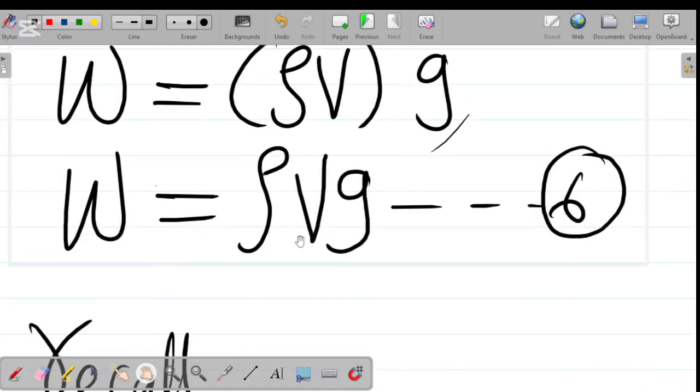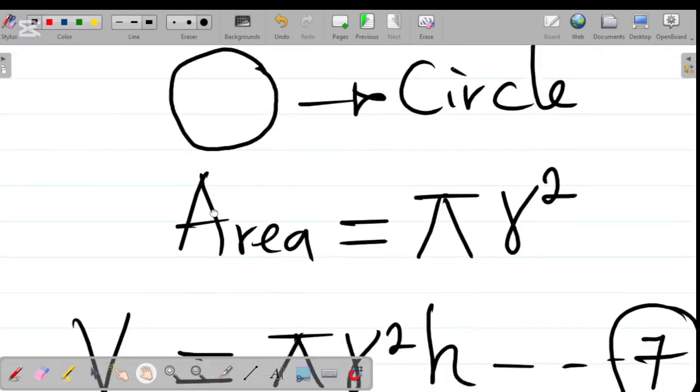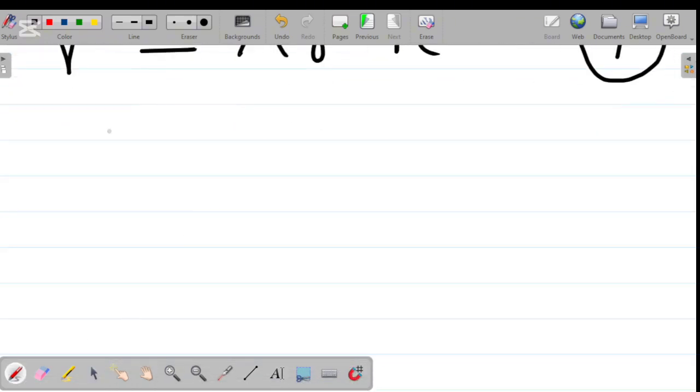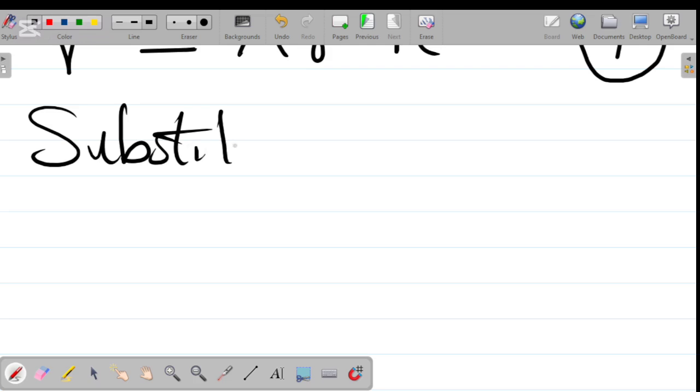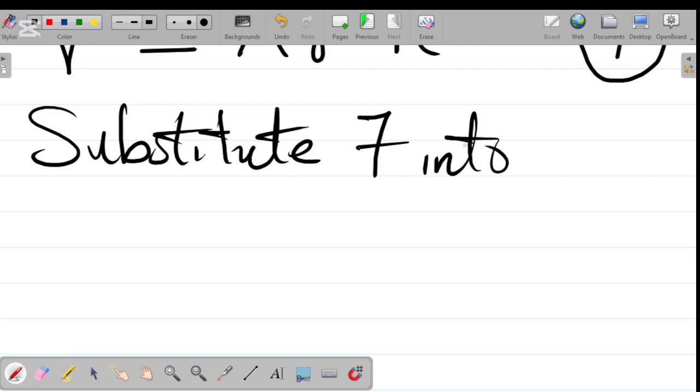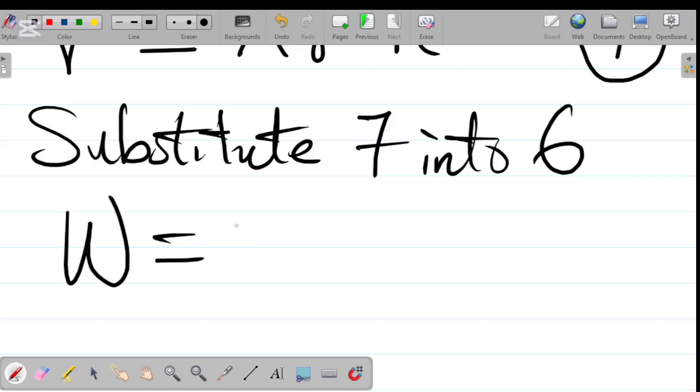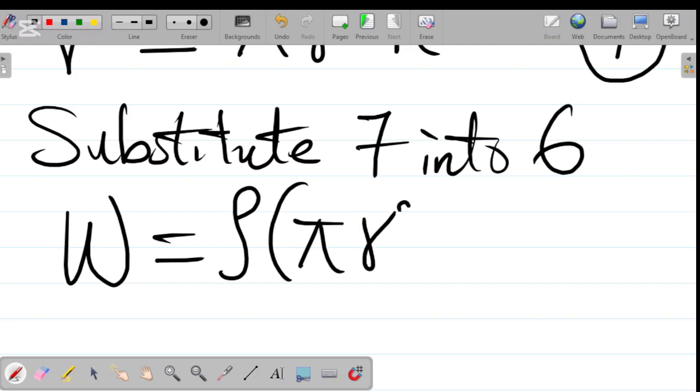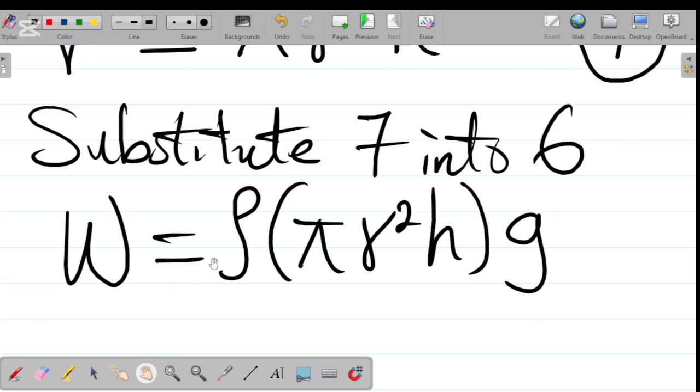All right, since we have V in equation 6, we can now substitute equation 7 into equation 6. If you substitute equation 7 into 6, weight W will be equal to rho, open bracket, pi r squared multiplied by height and then multiplied by G, which is acceleration due to gravity.